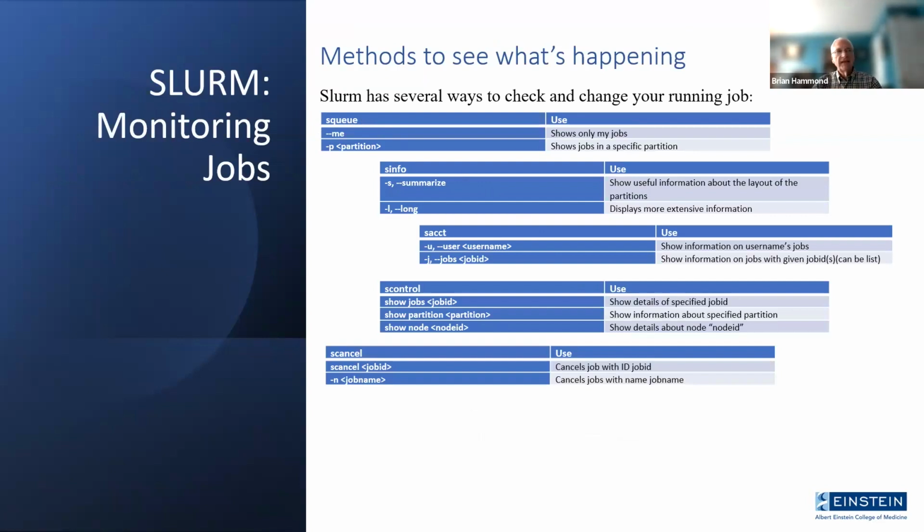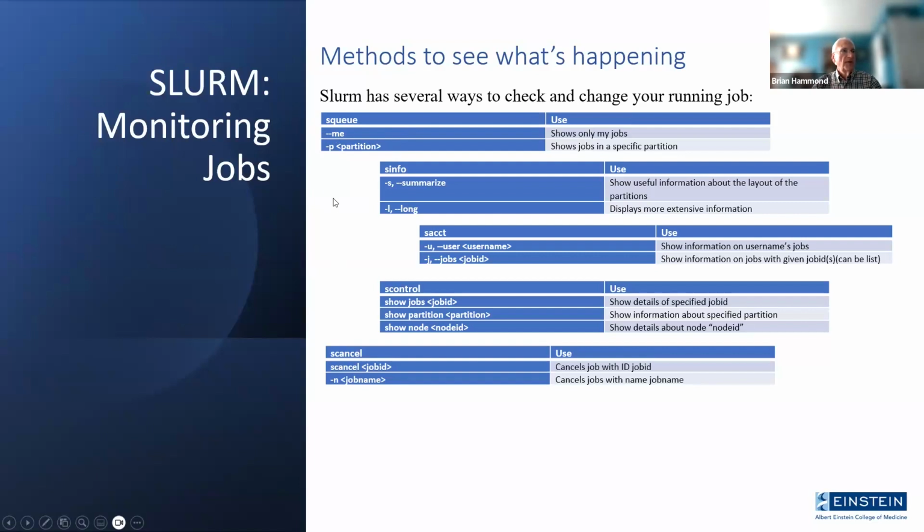Now in my bash RC, I've made a lot of aliases to shorten some of these names. So if you do sq --me, it will show you my jobs. If you just run sq, it will send you a long list of everybody. You can also tell it you just want to see who's running in this partition.